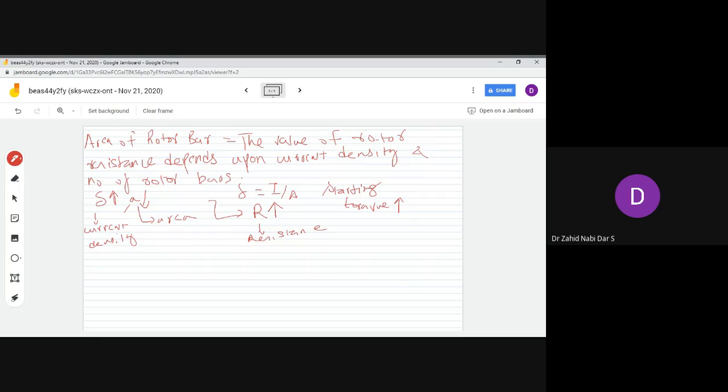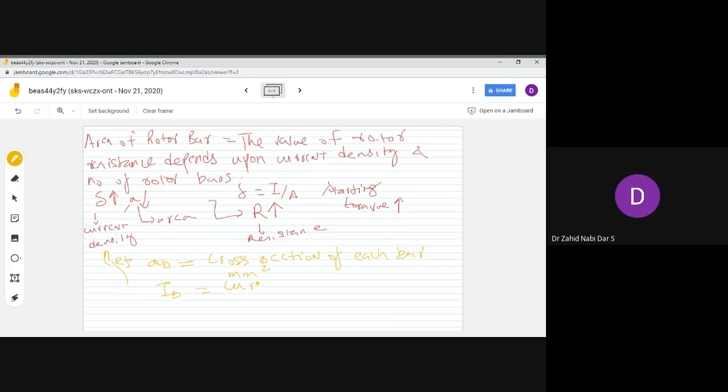So here I will write down one thing. Let AB be the section of each bar in millimeter square. IB is equal to current through each bar.